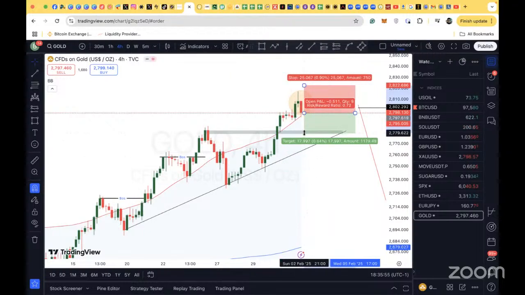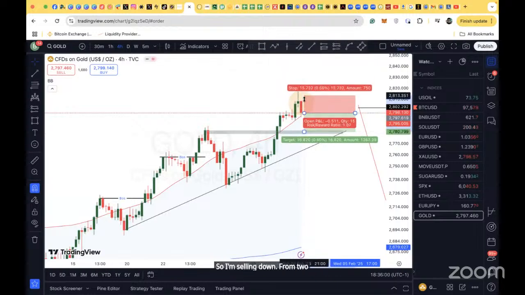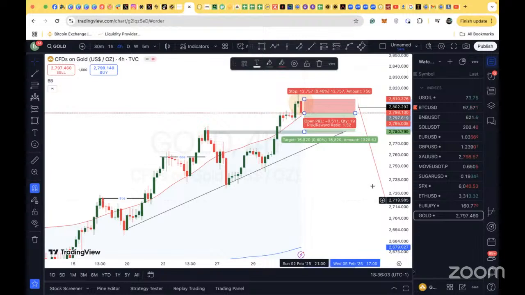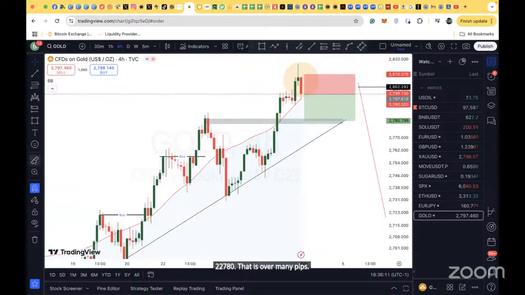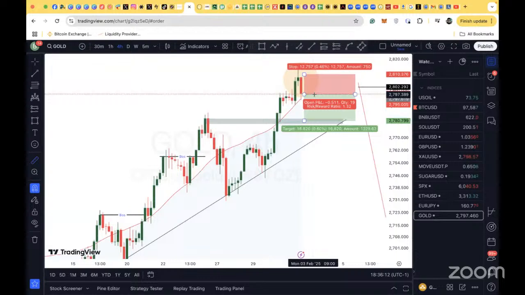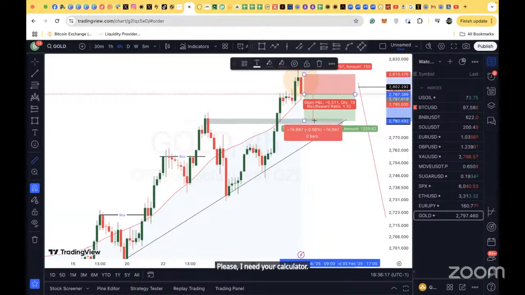So I'm selling down from 2797 to 2780. That is over how many pips? Please, I need your calculator. Around 130 pips, thereabout.